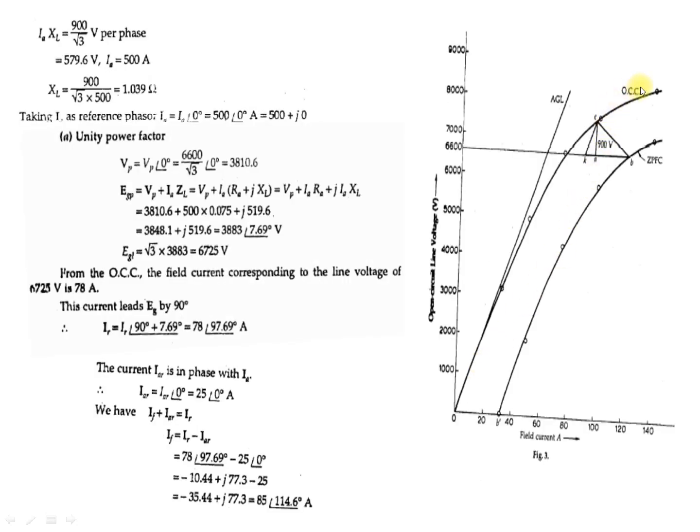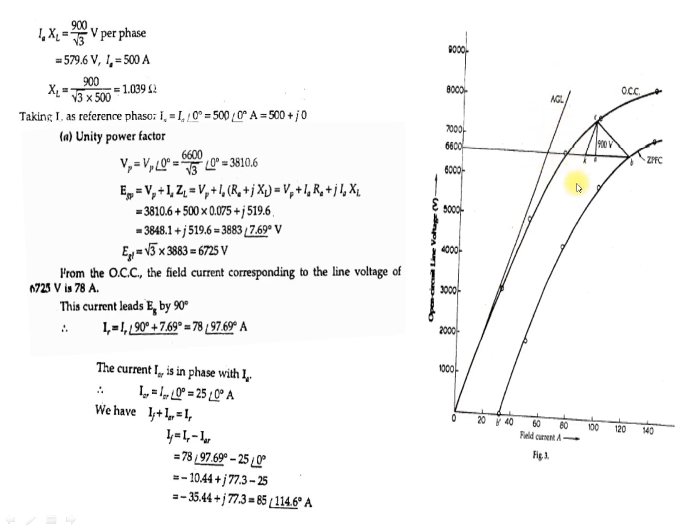So after drawing these two curves, we can draw the AGL, that is the air gap line, by making the tangential curve of this particular OCC. We can get this particular air gap line.